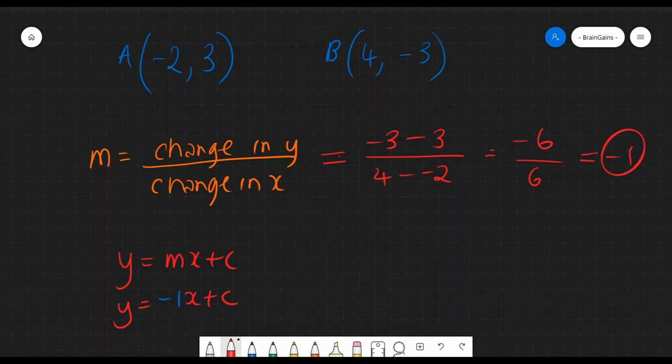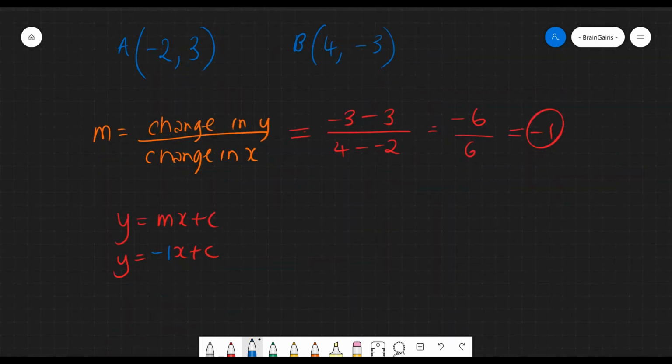To find our y-intercept, our c value, we need to substitute one of our coordinates into y and x so that we can find c. You have a little bit of freedom here because you can pick whichever coordinate you'd like. In this case, I'll pick coordinate a. So I'll substitute the y coordinate of a, which is 3, into y, and the x coordinate of a, which is negative 2, into x, plus c.